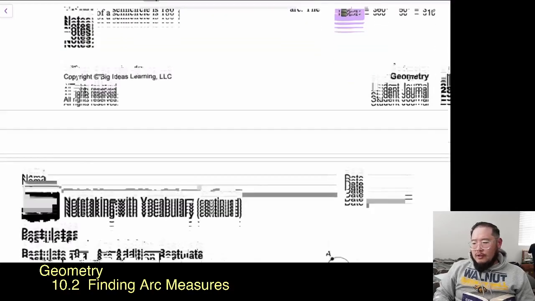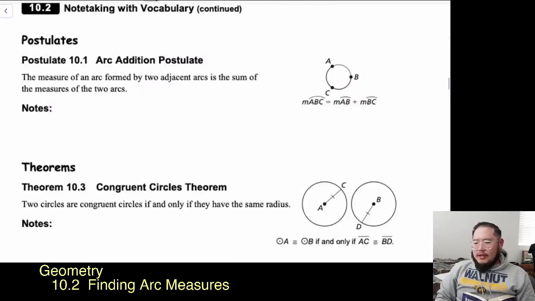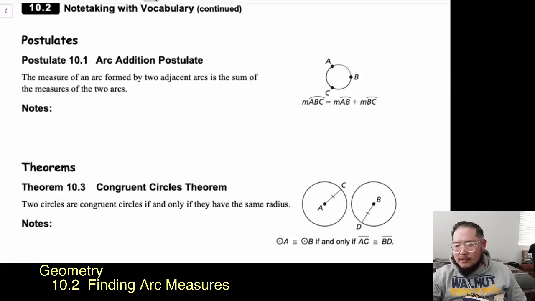So we have right here the arc addition postulate, postulate 10.1, and pretty much when you take 2 arcs and add them together, you'll be able to get the sum of the 2 arcs, or the measures. So right here it says measure of arc ABC. So they're talking about this right here. Let me highlight that in blue.